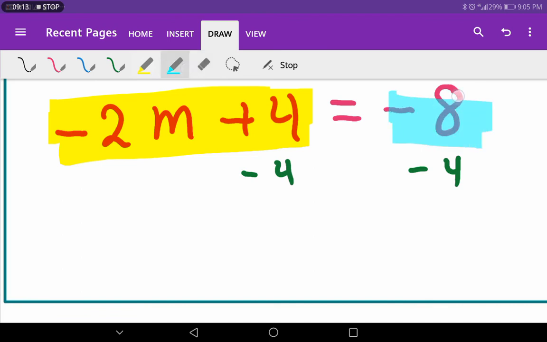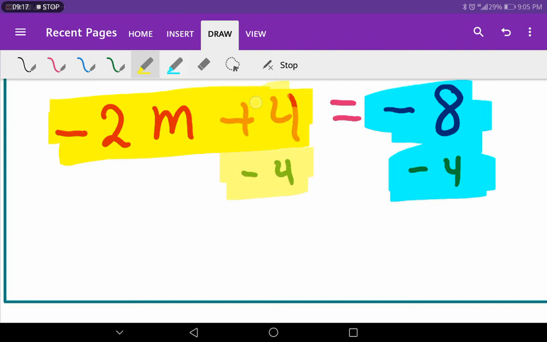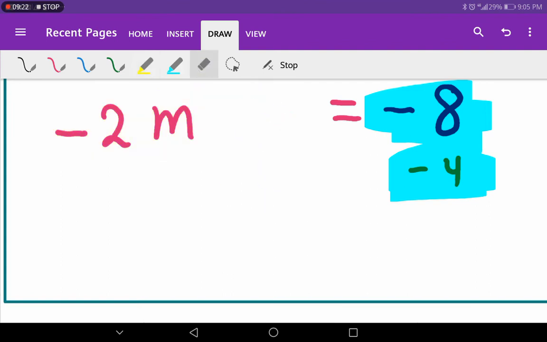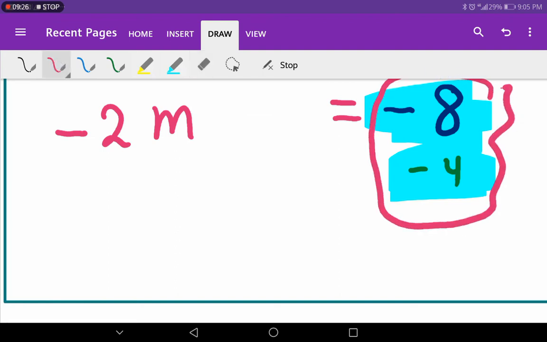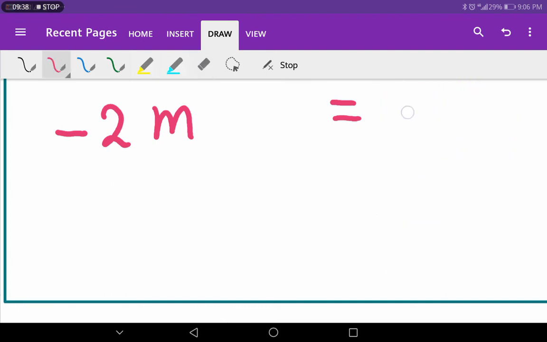Okay, and continue. Now this part is eliminated, and this part, my dear student, I have to calculate it. So negative 8 and also negative 4, that means negative 12. So this will be negative 12.